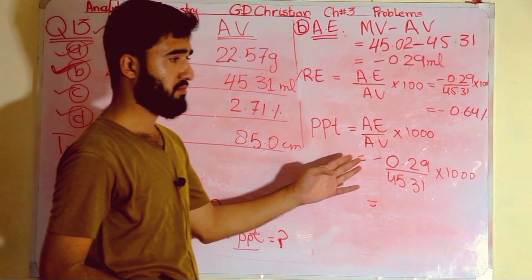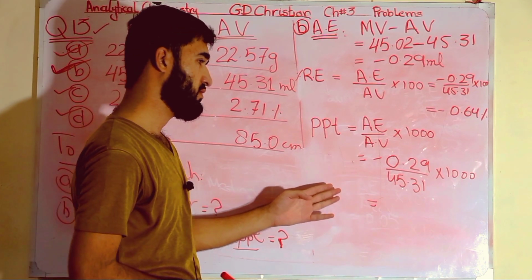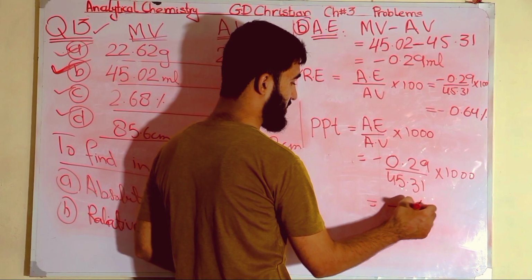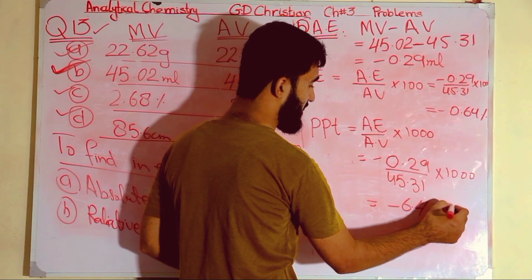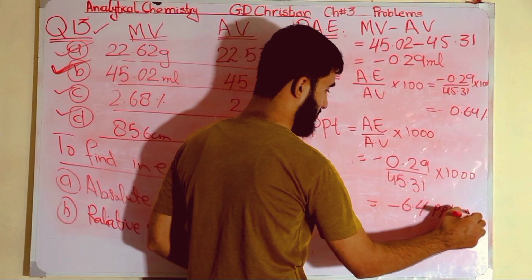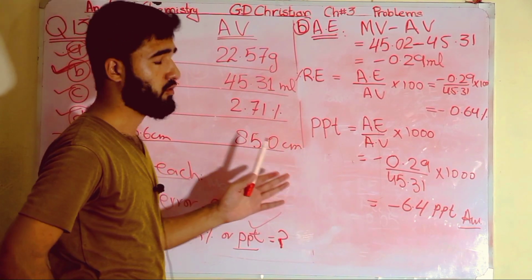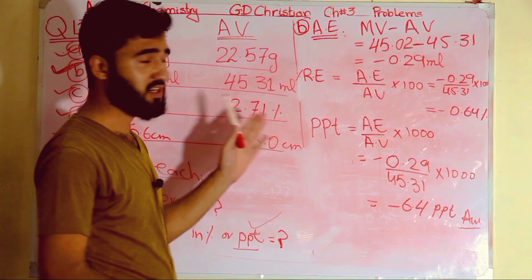By multiplying and dividing, we obtain the answer, which is equal to minus 6.4 PPT, parts per thousand. This is the solution of numerical problem number 13, part B.